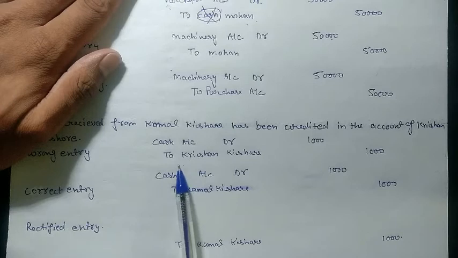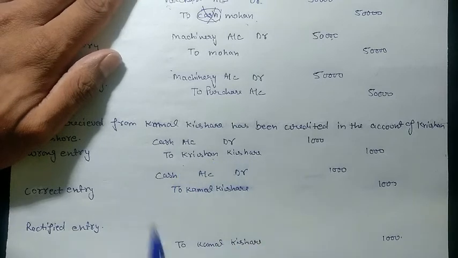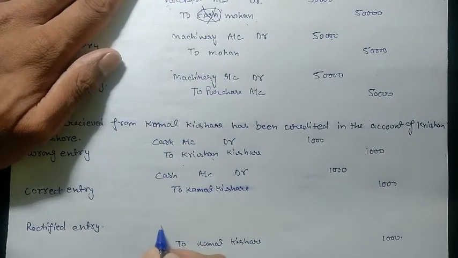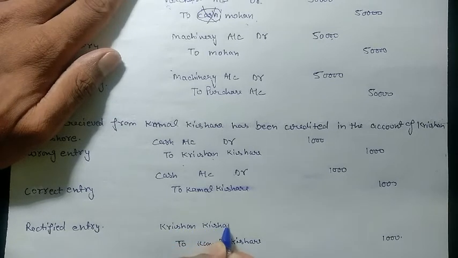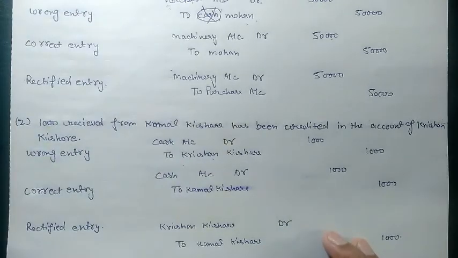Now we do not have to credit Krishan Kishore, but we have credited. For nullifying the effect of this credit, we need to debit Krishan Kishore account. Krishan Kishore debit to Kamal Kishore. So this is how we rectify the entry.